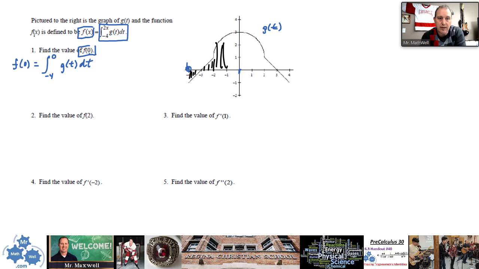I'm going to split this up, and watch this. This area underneath the curve is going to be a negative. I see a portion of a circle here, and I can make this a triangle, or maybe half a square, another rectangle here, and a quarter of a circle.